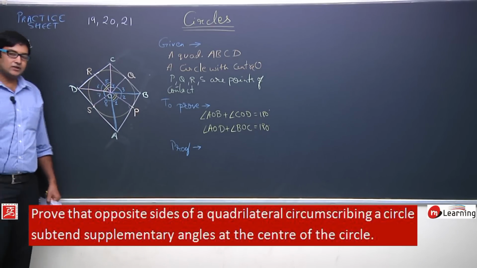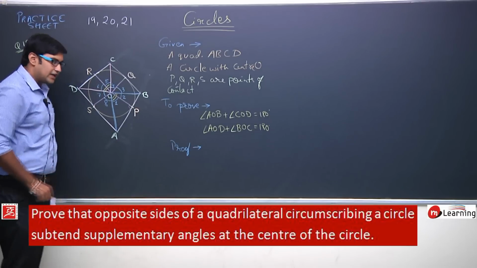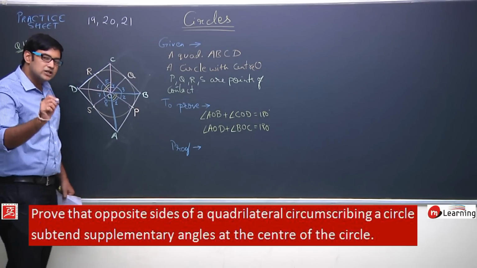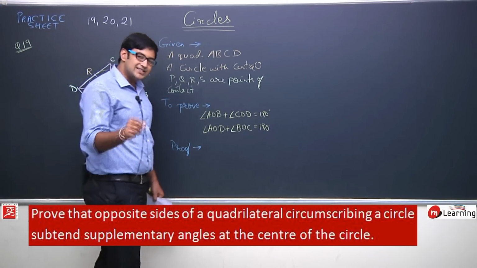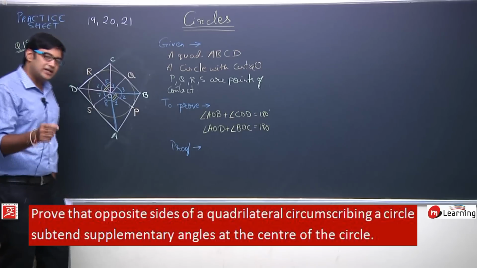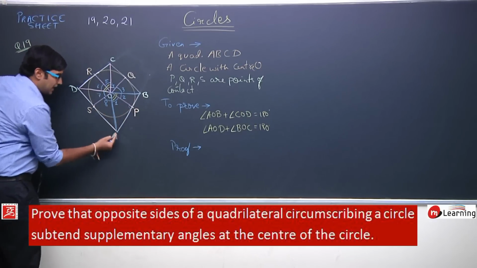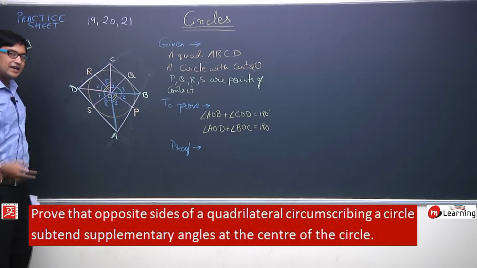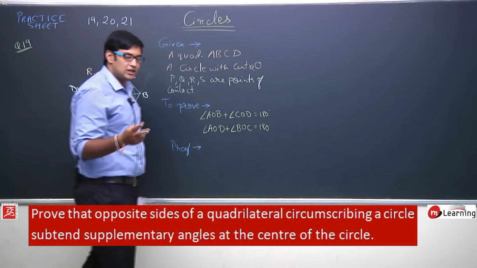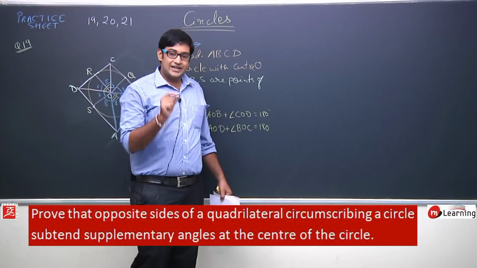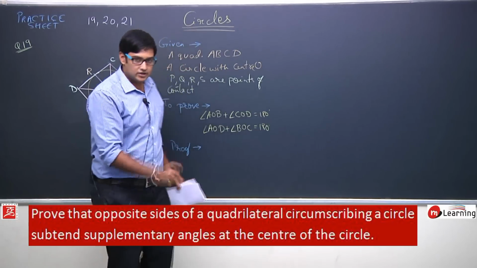Now observe very carefully. If I talk about point A, what can you observe? You can see that from point A there are two tangents to the circle, APB and ASD, and A is an external point.